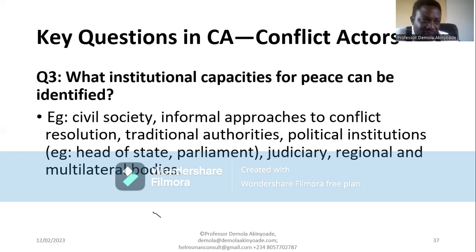I think institutional capacity for peace actually is the structure of the parties itself, the executives of the parties, because they are the ones organizing activities of the parties. So they are responsible for making sure there is peace among members in the party. So I think they themselves are the institutional capacity for peace in the conflict. That's what I think. You are correct if we are limiting the conflicts to internal party conflicts.